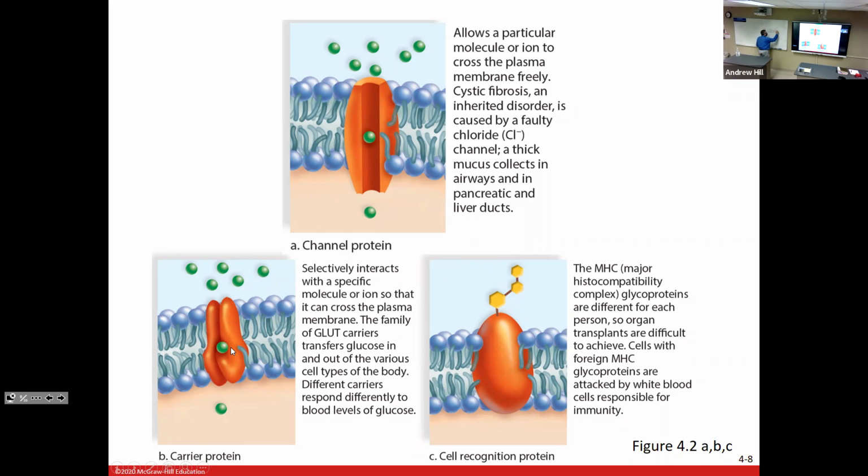This molecule goes through a shape change, and now the glucose, which was outside of the cell, ends up inside. These things are not bound forever, they're just loosely bound, so now it can be released to the inside of the cell. With these carrier proteins, there's never a point at which there's an open channel between the outside and the inside. Whereas with a channel, there can be an open channel going right through the middle.